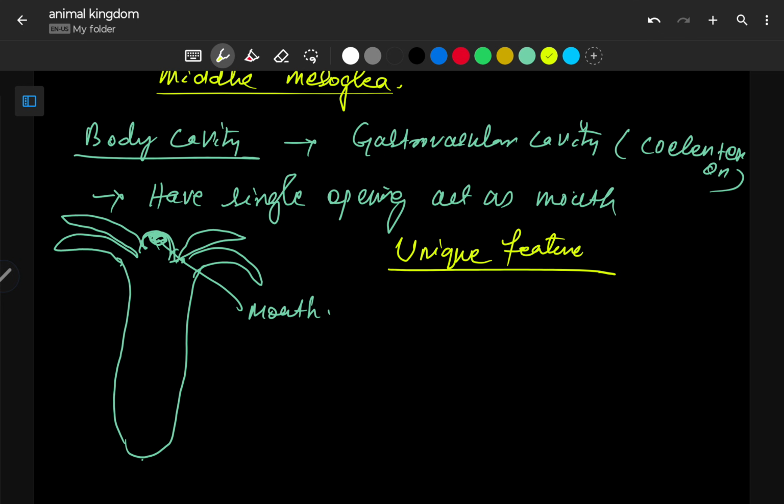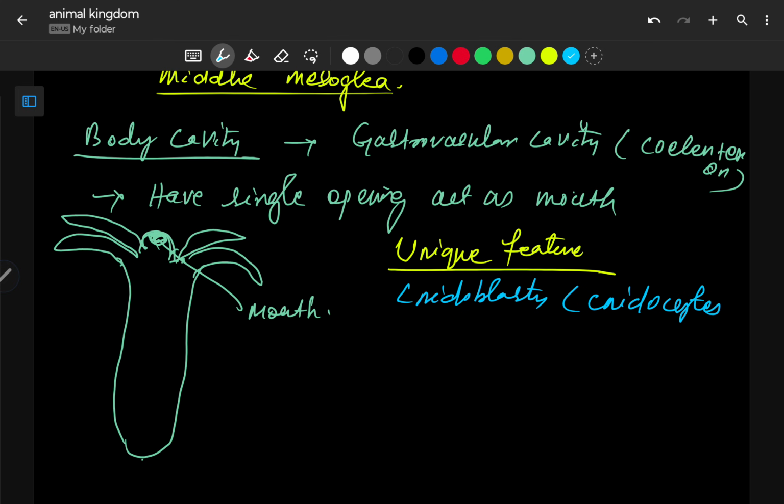So the unique feature includes the presence of tentacles. Okay, no, first one is the cnidoblasts, cnidoblasts or cnidocytes.